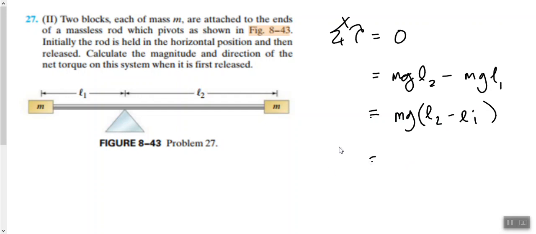So that's going to be our equation for this torque. Okay, just rewrite this here. And we call positive clockwise, so we could just write down clockwise here. And that's it.